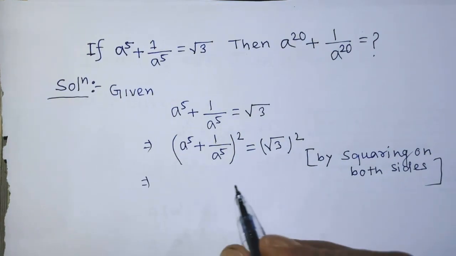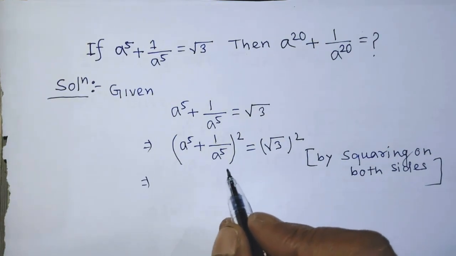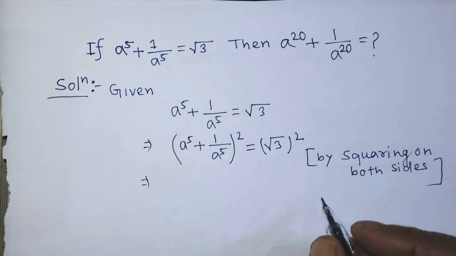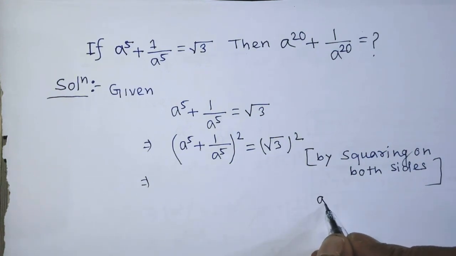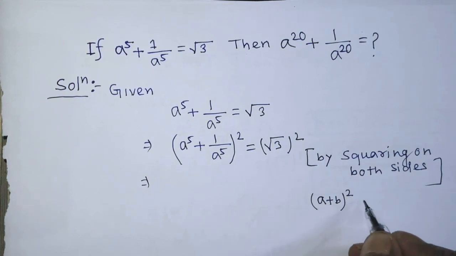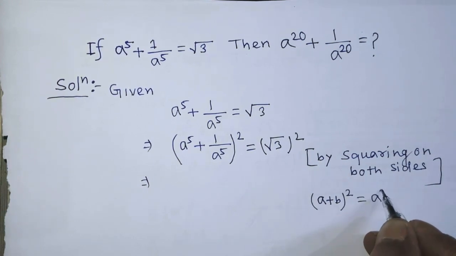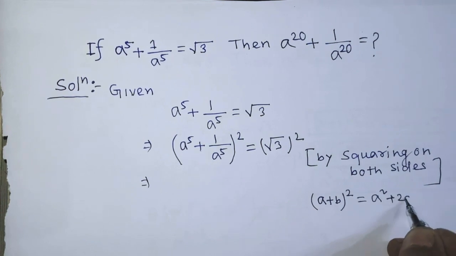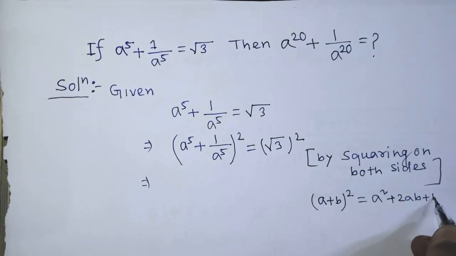After that, to simplify the left hand side of this equation, we have to apply the formula (a plus b) whole to the power 2 is equal to a square plus 2ab plus b square.